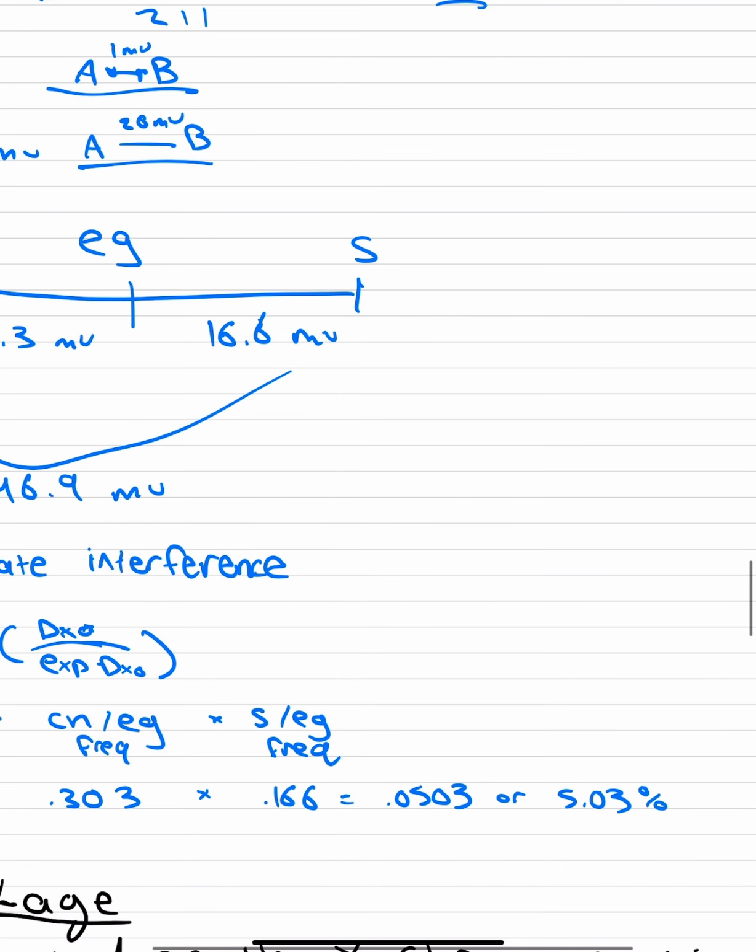So that means that we would expect 5.03% of the population to have a double crossover in the genes.